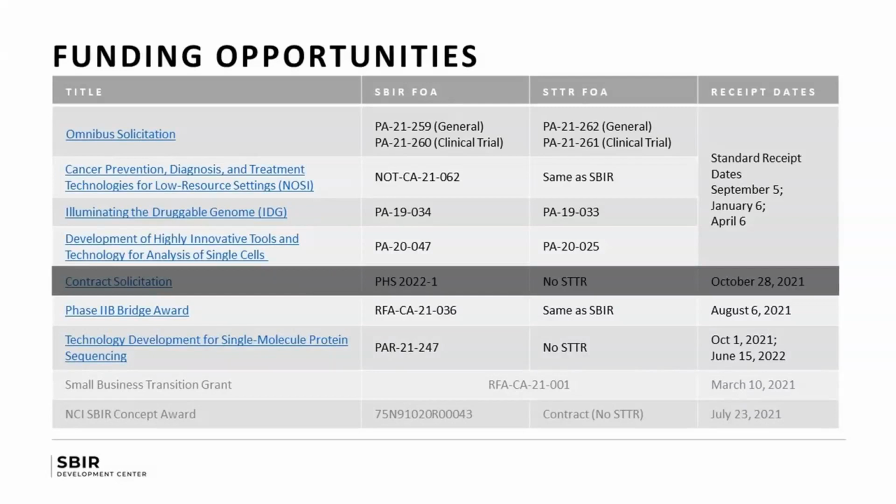This particular one, technology development for single molecular protein sequencing, does not have an STTR option. Our bridge award is an SBIR option only, but companies that have had previous STTRs can apply to the bridge award.